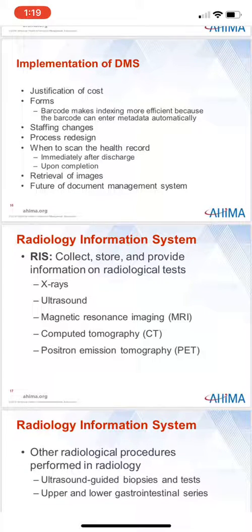So it's a linear process. It's one person at a time dealing with the record. So with a DMS, analysis can check that chart for deficiencies while coding is actually coding the chart, and a physician could be signing on their documentation as soon as we assign it to them.